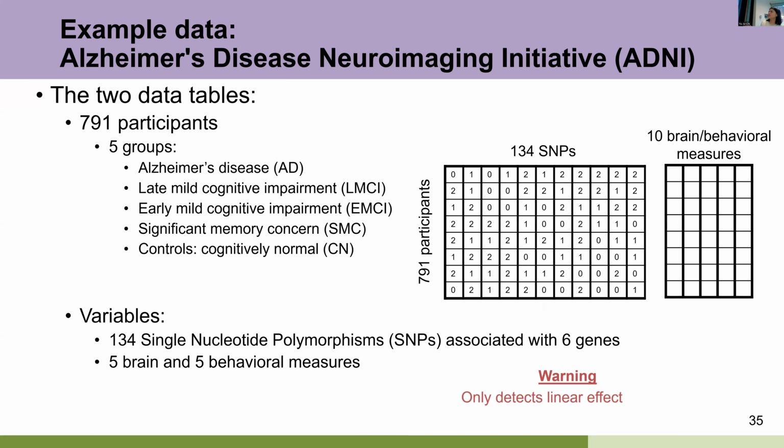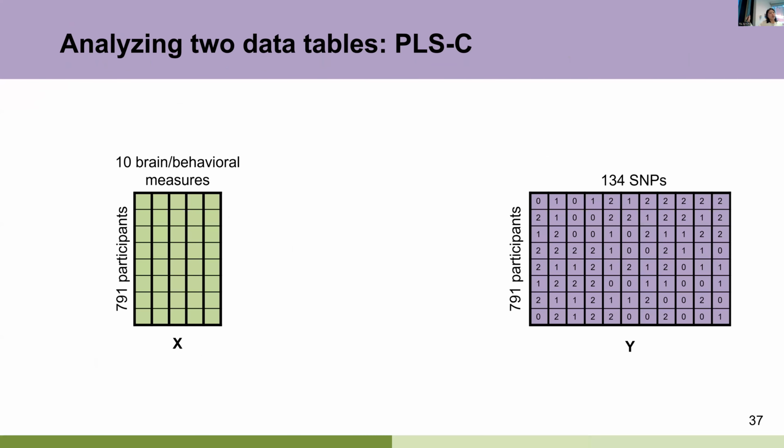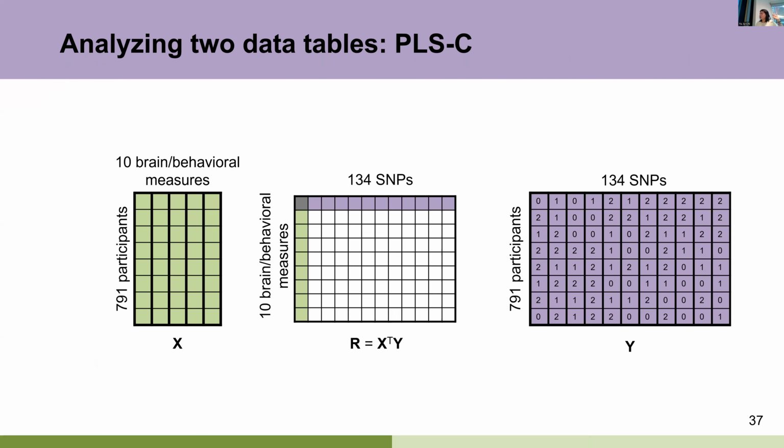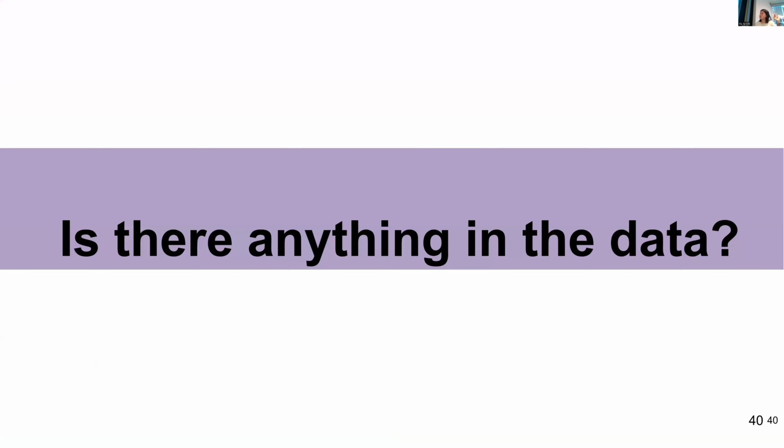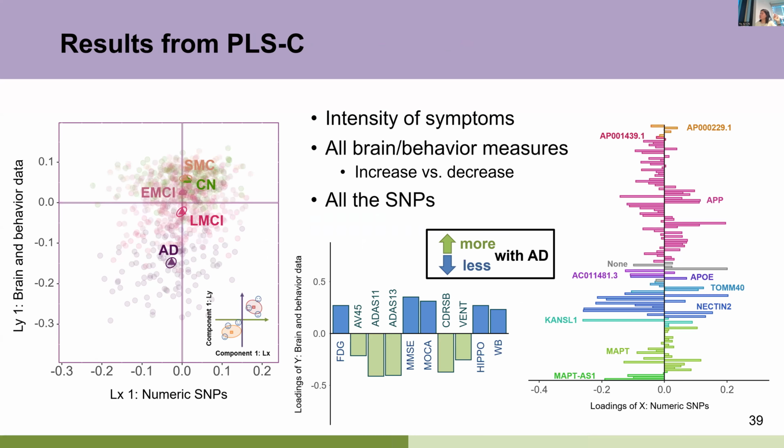Okay. So again, the two sets of variables, we compute a correlation. And sorry, this is what we see. So coming back to here, latent variables, you see they kind of are correlated.